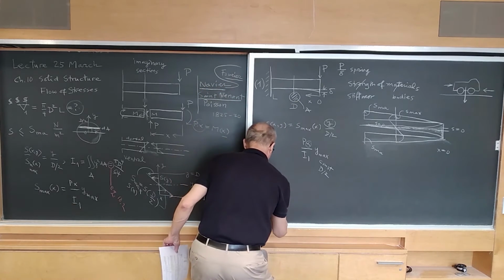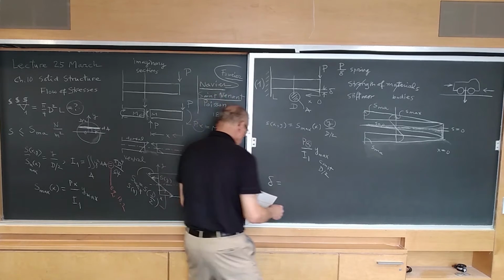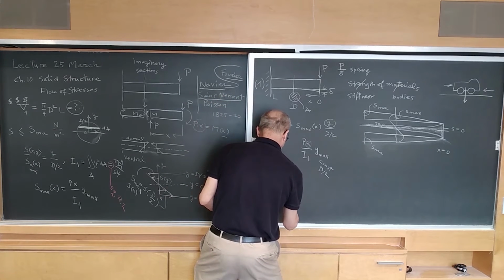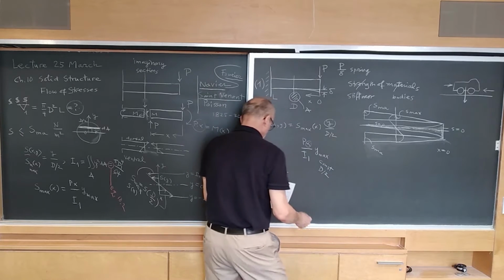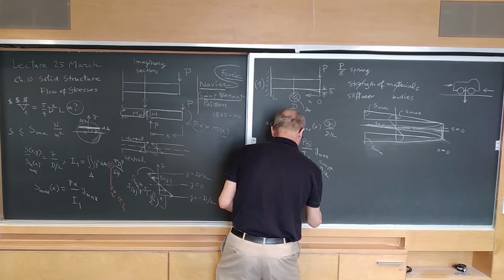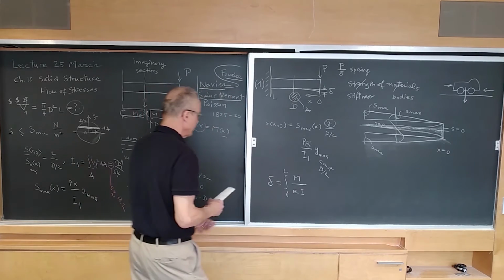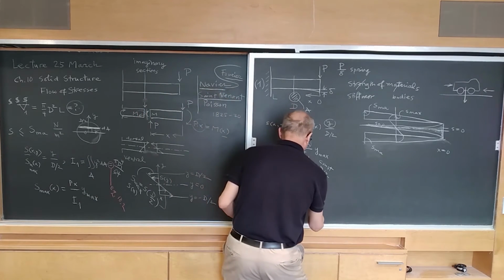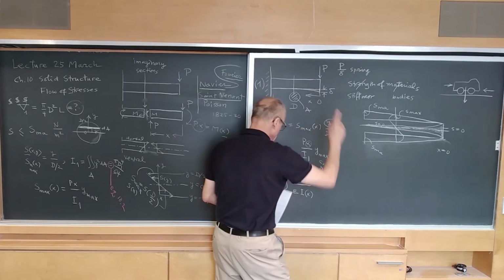And so the general formula is delta equals the integral from 0 to L, meaning along the volume of the beam, of the bending moment M divided by E times the area moment of inertia of the particular cross-section, which in general is a function of x. Not in this case, but in general it could be.